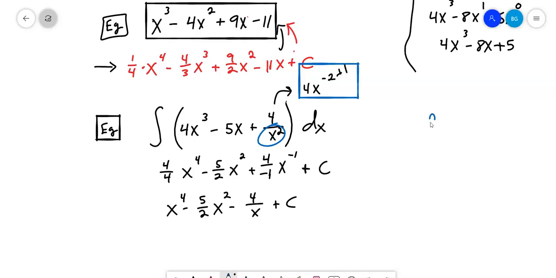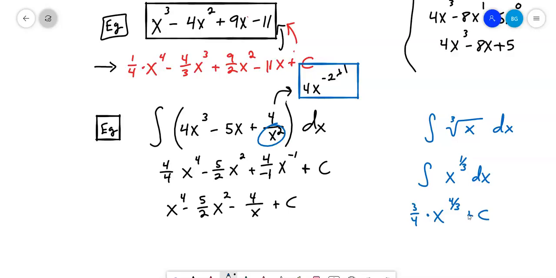And think about this, if I'm doing the antiderivative of, say, the cube root of x, if I rewrite that real quick and make that x to the 1/3, all of a sudden I can use the power rule again, right? I could just add 1 to that. That would make it x to the 4/3. I divide by my new exponent, which is to say I'll multiply by the reciprocal. Don't forget to add plus c.